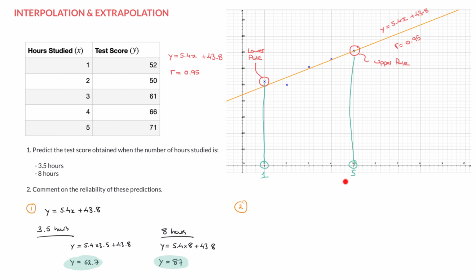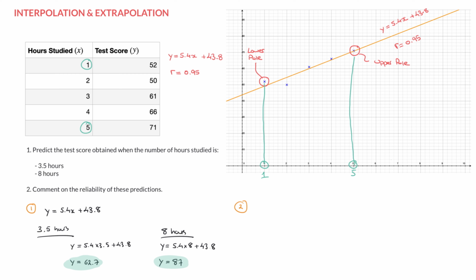Then these 2 x-coordinates correspond to the smallest and the largest value of x that was observed in our data. Indeed, we can see that the 1 is right here in our table, that's the smallest value of x we have, and the 5 is right here, that's the largest value of x in our table. And all the other values of x we have in our table fall between these 2 values.